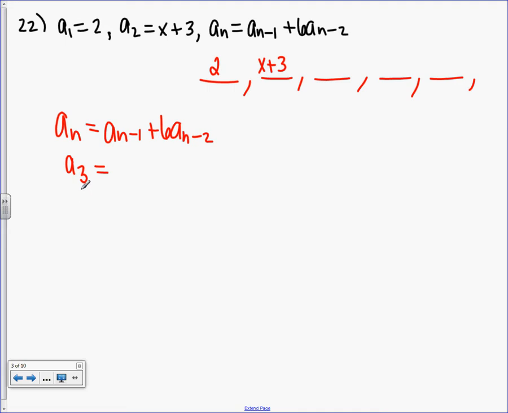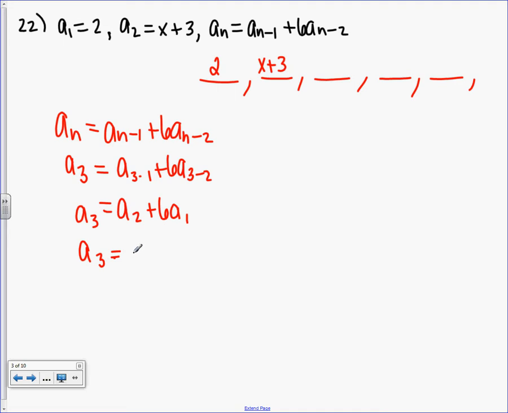Aaliyah, do you see it? Yeah. Okay. So a sub 3 minus 1 plus 6 a sub 3 minus 2. I literally just put all those n's as 3's. Okay? So that's a sub 2 plus 6 a sub 1. Do you guys understand that? Okay? So what is our second term? We know what a sub 2 is.